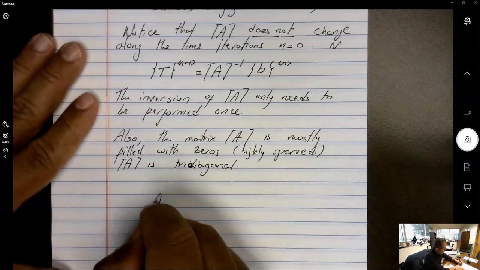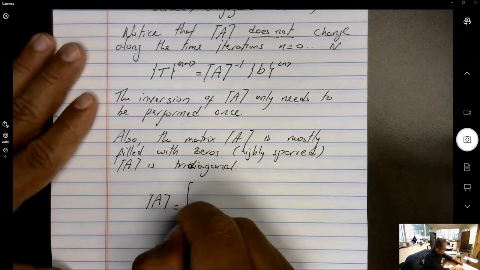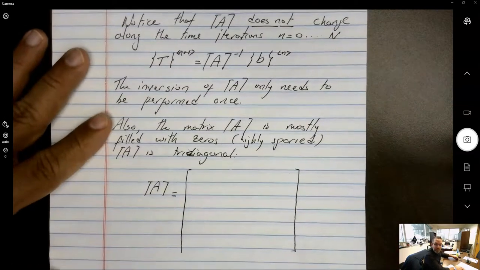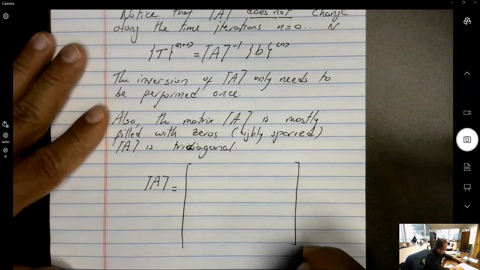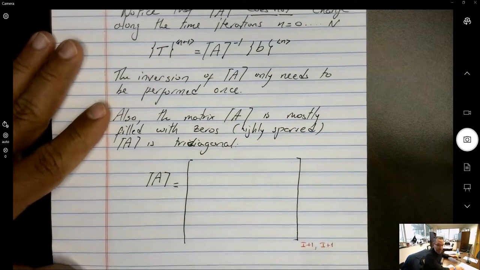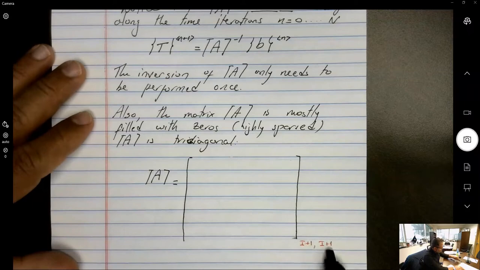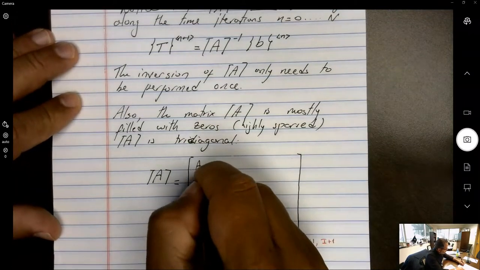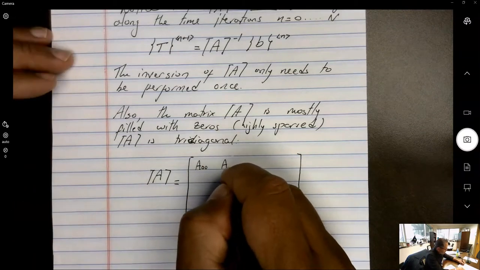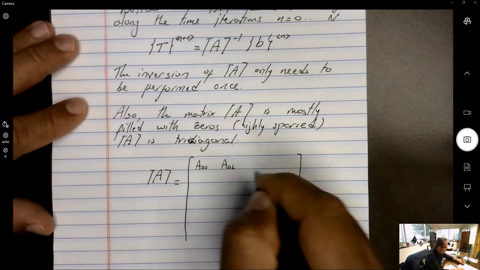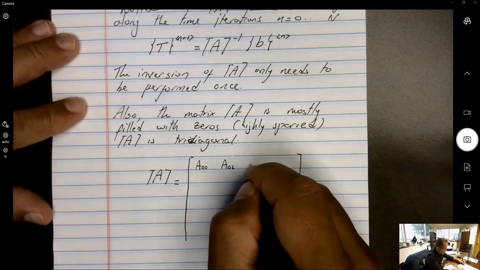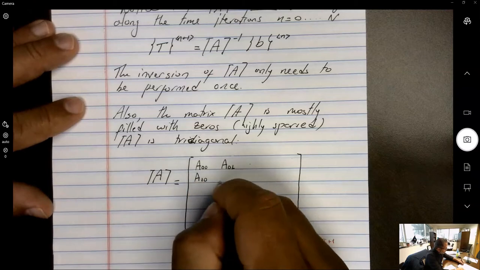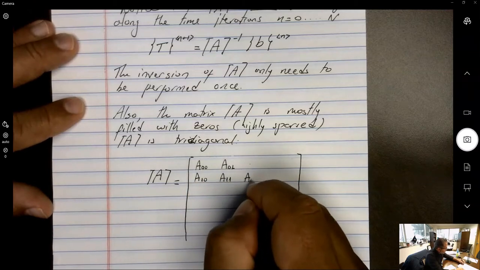What this means is that if you were to plot A as a matrix, remember its size, it has I plus 1 rows and I plus 1 columns. It would have a 0,0, a 0,1, and then a bunch of zeros. Then we'll have a 1,0, a 1,1, and a 1,2.